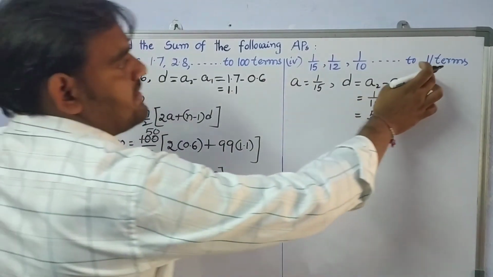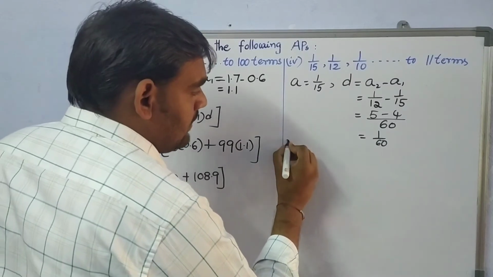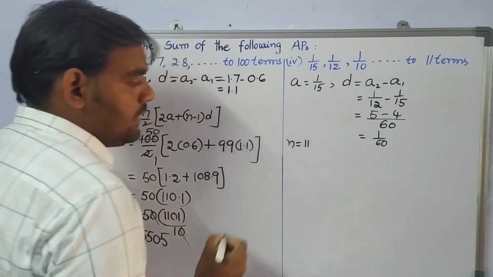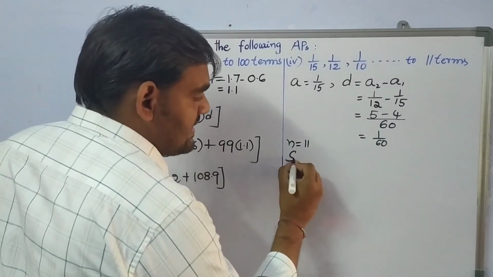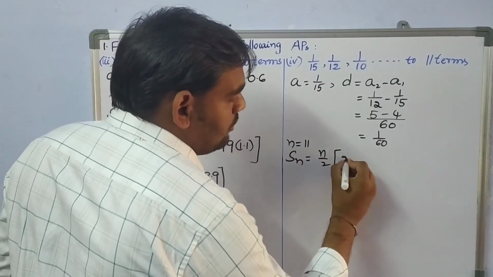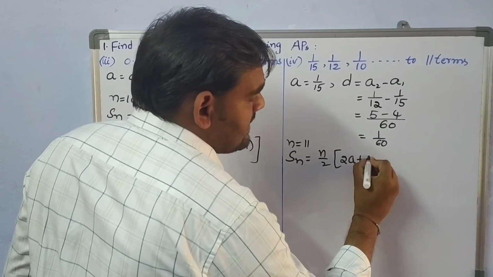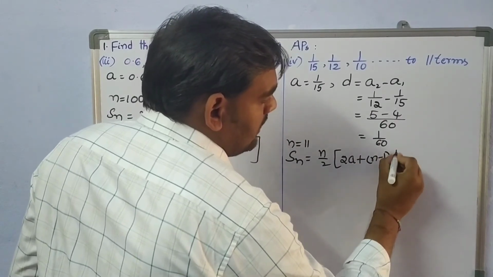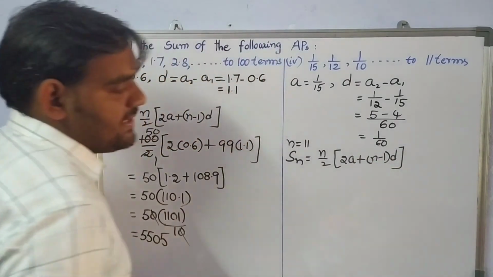Next, number of terms n is equal to 11. So the basic formula, that is Sn is equal to n by 2 into 2a plus n minus 1 into d. This is the basic formula.